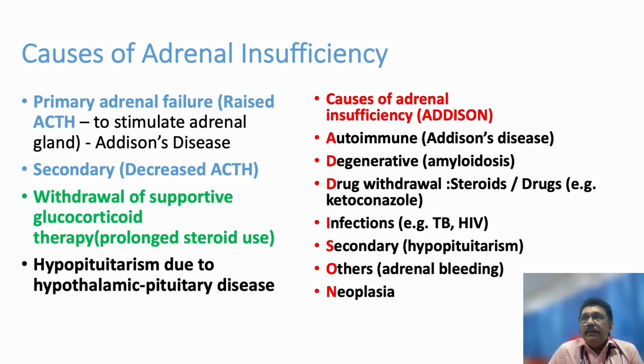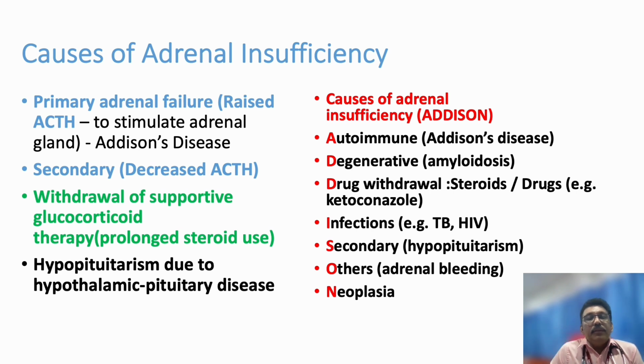Suddenly patient develops a stressful condition like a surgery, trauma or a sepsis. So immediately the need of steroids will increase. So if you don't advise the patient to increase the dose automatically, this patient will develop adrenal insufficiency, hypotension, shock.